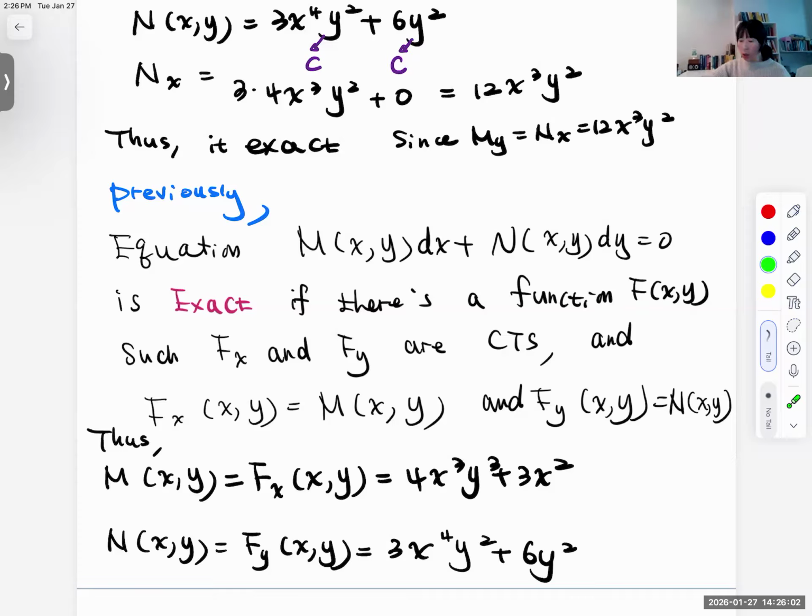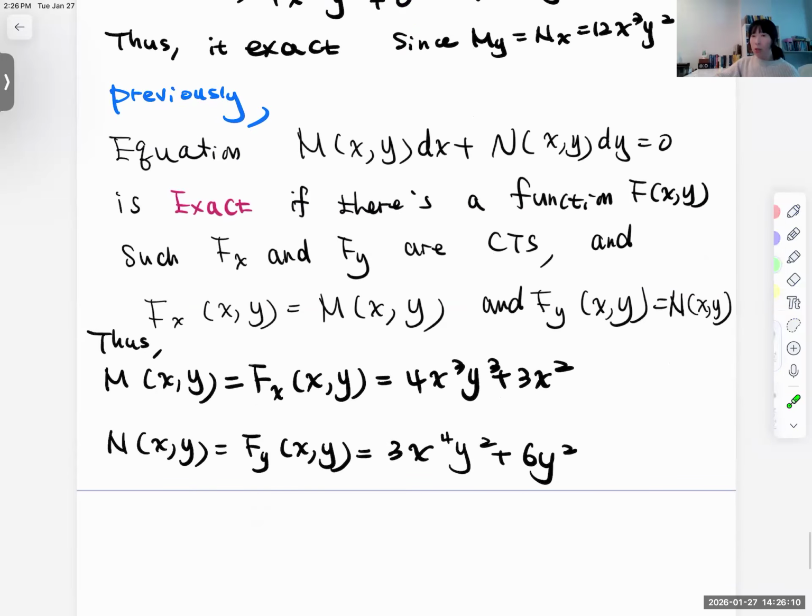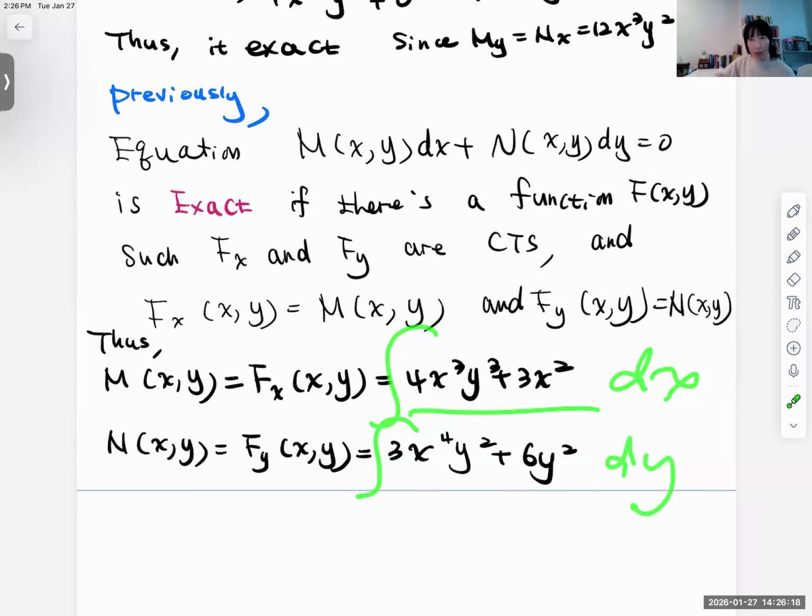Let me just use my way because the book is a little bit confusing. So how do you find the original function f? We take the antiderivative with respect to x and with respect to y. That's it, like earlier. Okay, so let us do that.